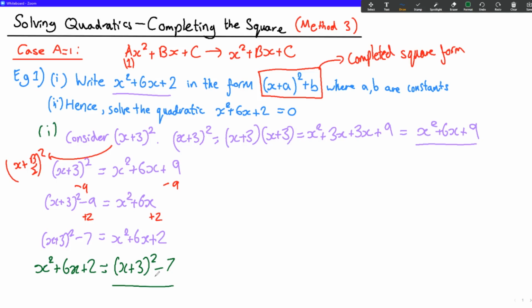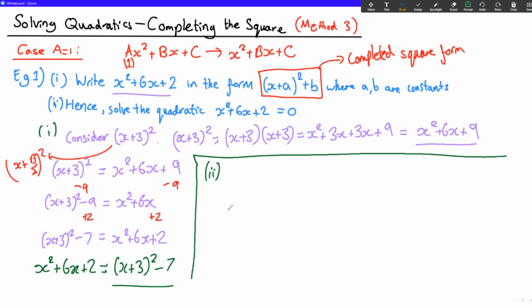Okay. So now it's asking us to solve the quadratic x squared plus 6x plus 2 equals 0. And this is how we do it, right? So now we've got it in the completed square form, so we can say that that's the same as this.